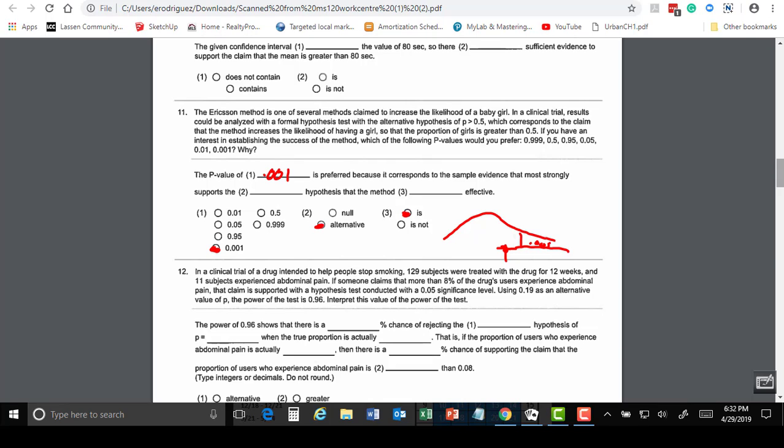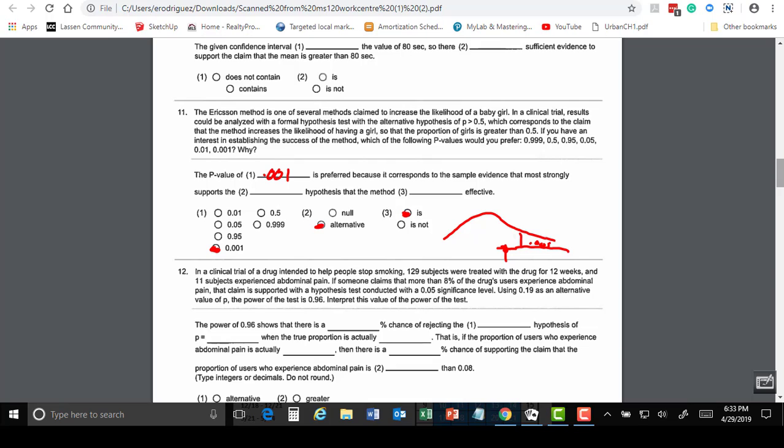So when the true p is actually, they tell us what p is, right? 0.5? And when the proportion is actually, well, what did we get from our sample? Did we get 8%? Oh no, I'm on the wrong problem. Let me go back.